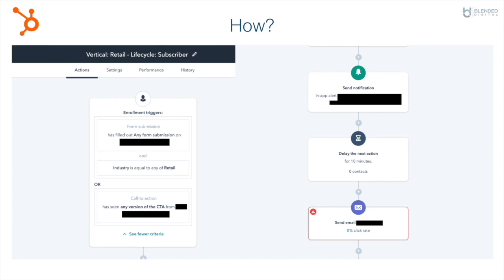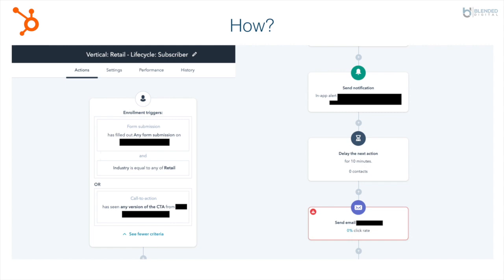It'll be sent to specific team members, so it might be sent to the sales manager and a few of the sales reps, or to the marketing manager and a few of the managers that oversee the marketing. Then in the next 10 minutes, the first automated email gets sent directly to that customer, which outlines what the customer was looking for when they subscribed through that particular enrollment form.